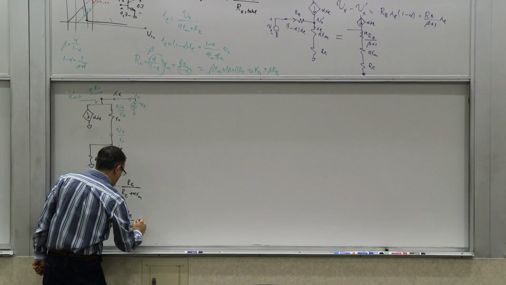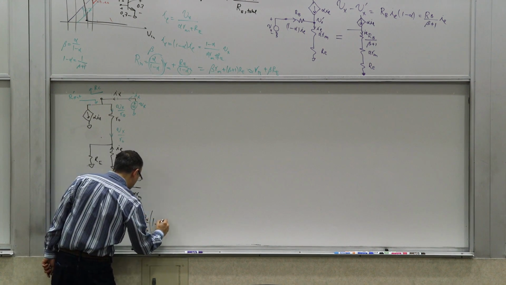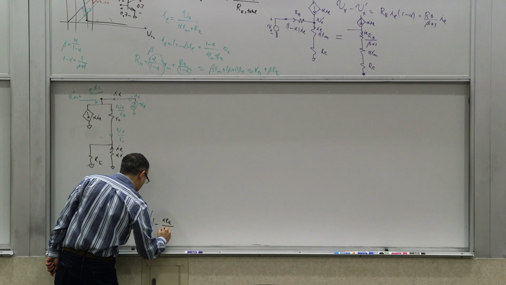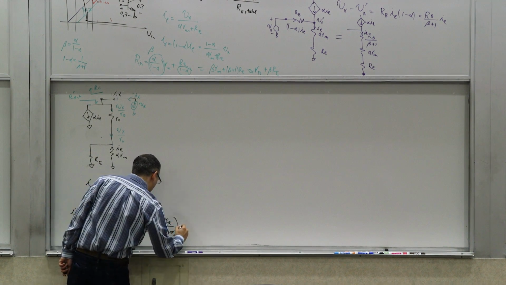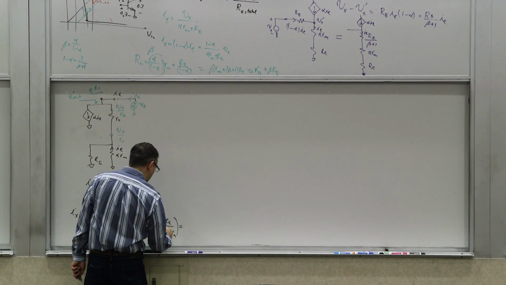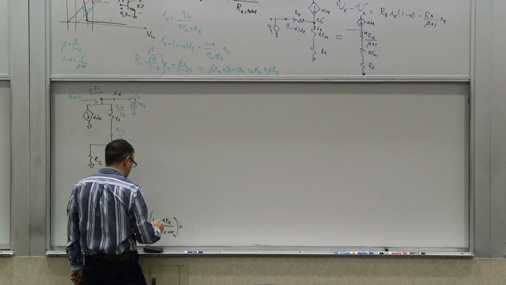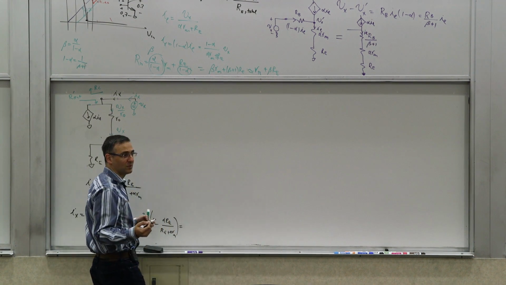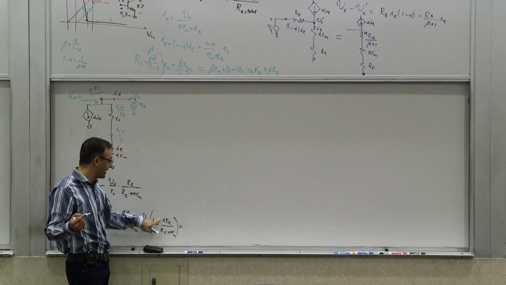And so it becomes Vx over RO, 1 minus alpha Re divided by Re plus alpha Rm. And now this is one of the places that I will not make that approximation, because you will see why. I would not drop alpha to be 1, for example, here, because we are calculating the difference of RE and alpha RE.